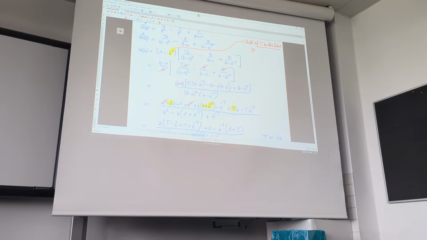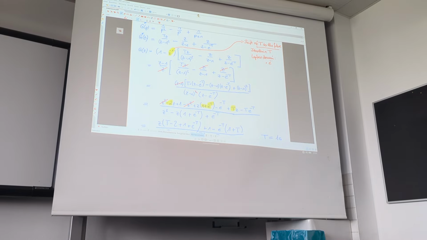So it's a dead time, capital T. And in the Laplace domain, this was the multiplication with e to the power of minus pT. This is the dead time.